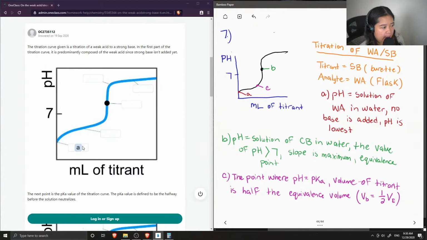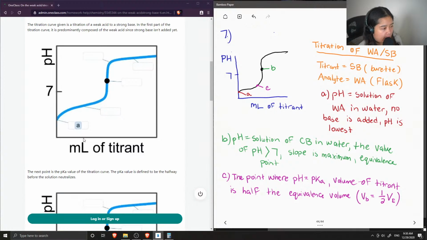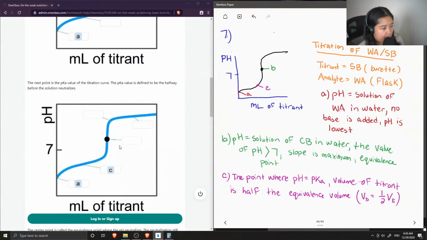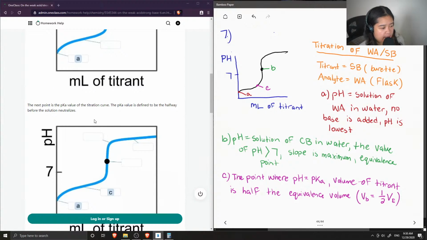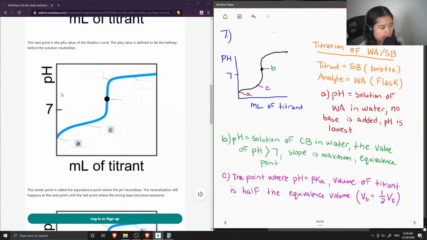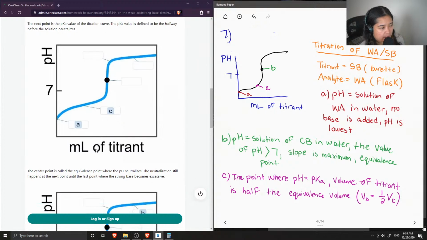So they showed A at the lowest pH level. The next point is the pKa value of the titration curve, so they did part C. Next, pKa value is defined to be the halfway before the solution neutralizes. Okay, so they showed point C.